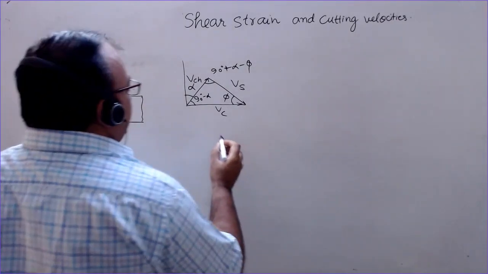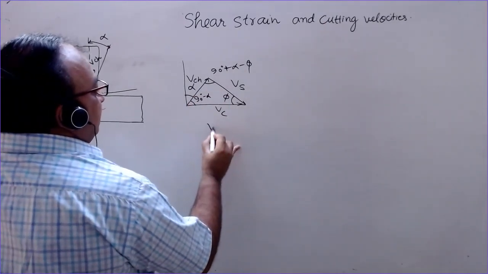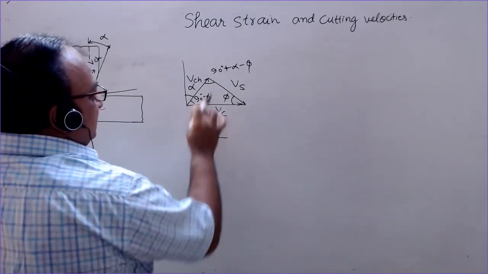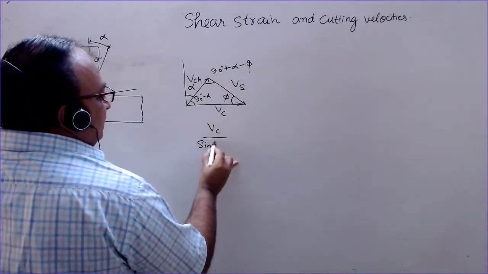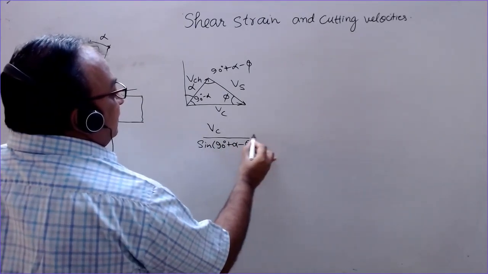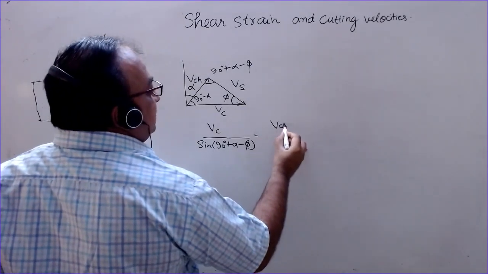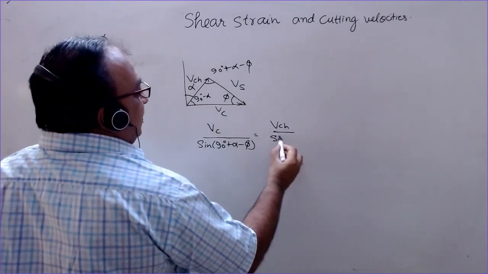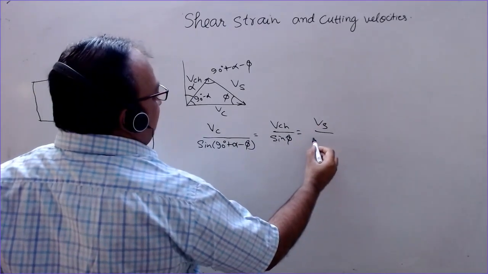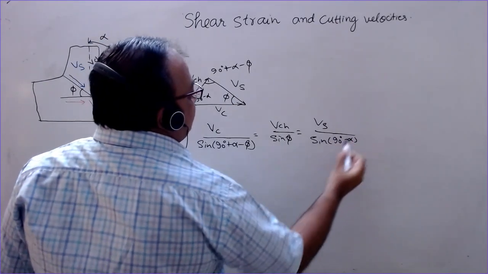Now we can apply the triangle law to this. I can write Vc divided by the sine of the angle between the other two velocities, sin of 90 plus alpha minus phi, is equal to V chip divided by sin phi, is equal to Vs divided by sin of 90 minus alpha.